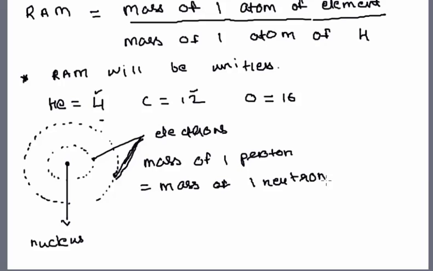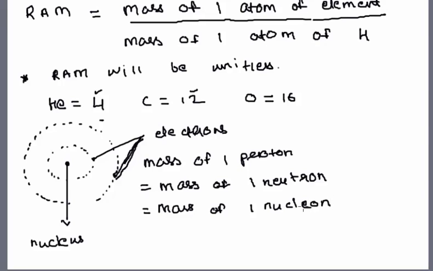Proton and neutron are almost of the same mass, and since both of them can be called nucleons, I can also write this is equal to the mass of one nucleon. Why am I writing this? Because both the protons and the neutrons can be collectively called the nucleons.